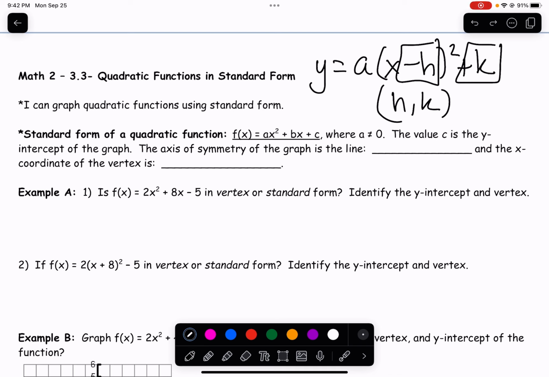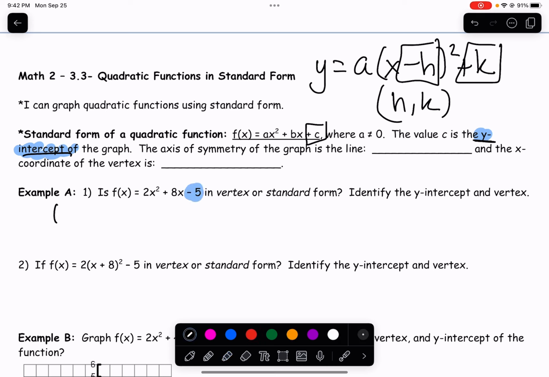So first off, the c value, that's the constant on the end. That's the guy that doesn't have a variable or an x attached to it. It's just a number. That is going to give you the y-intercept, okay? So, for example, the c value on example A is -5.